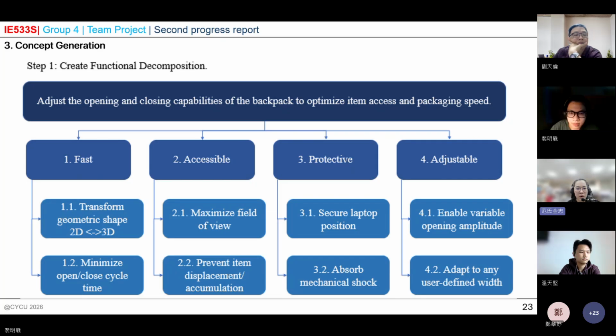We set four functions: fast, accessible, protective, and adjustable. With fast, we separate it into transforming the geometric shape from 2D to 3D and minimizing open-close cycle time.